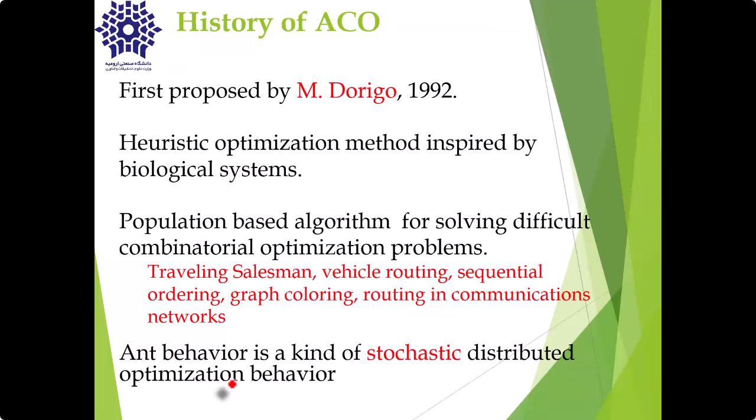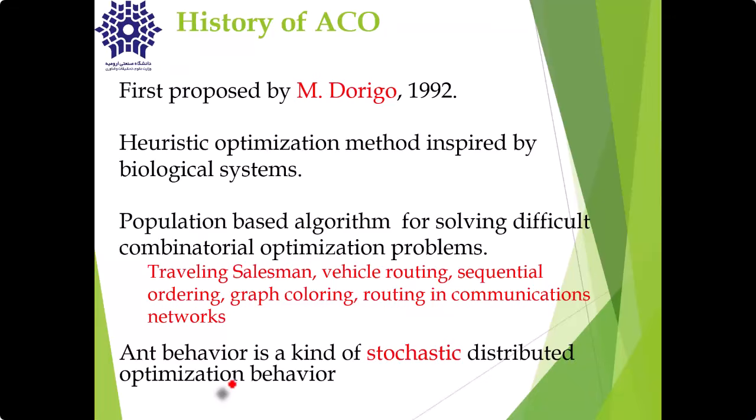Therefore, population-based algorithms were proposed for solving different combinatorial optimization problems, like the traveling salesman problem, vehicle routing, sequential ordering, graph coloring, and routing in communication networks. These are very, very complicated problems.